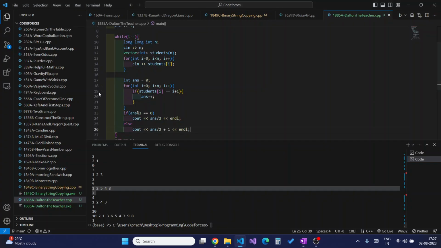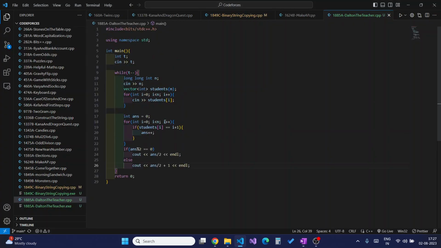The code for this would be such that first we'll take in the number of test cases, then we'll take the number of students while running it in a while loop. Then we will declare a vector of students of n length, since we are given n students, and then we will take all the students as input.